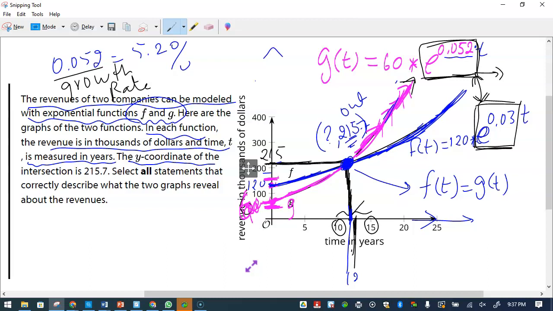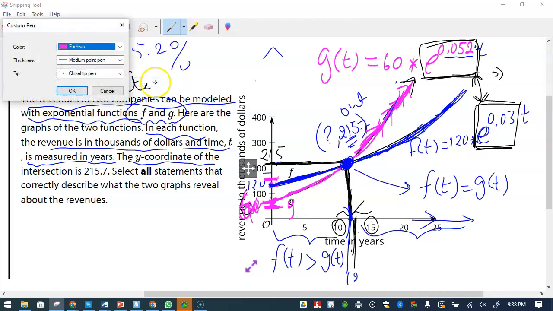If you see on the left side, before in this area, you can see the blue graph is up. That means FT is greater than GT on the left, before 12 years. But after 12 years, you will see the pink graph is above the blue graph.